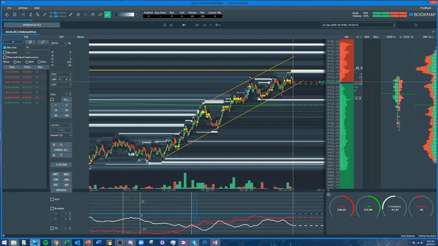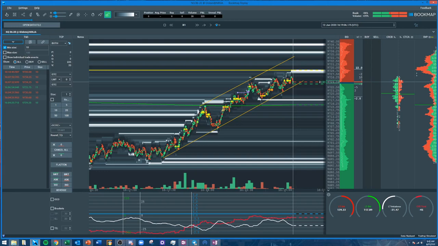One thing that's really important is that when you have high volume nodes, price is generally going to have a harder time breaking through that. Like it'll get in this area and it'll slow down a lot. And then concurrently, low volume nodes also provide resistance in the same way, kind of like a balloon. The skin of a balloon provides some resistance, but once that balloon pops, price tends to move through it really quickly.